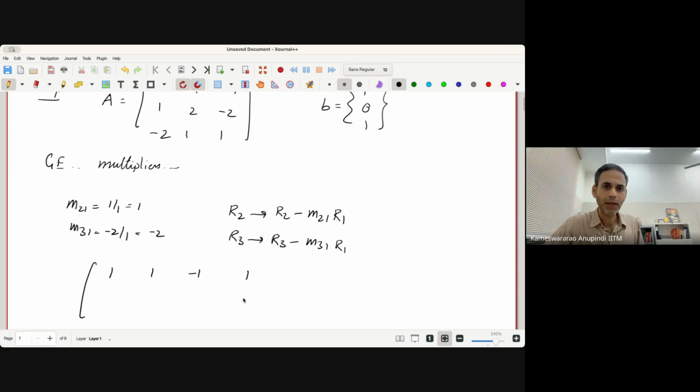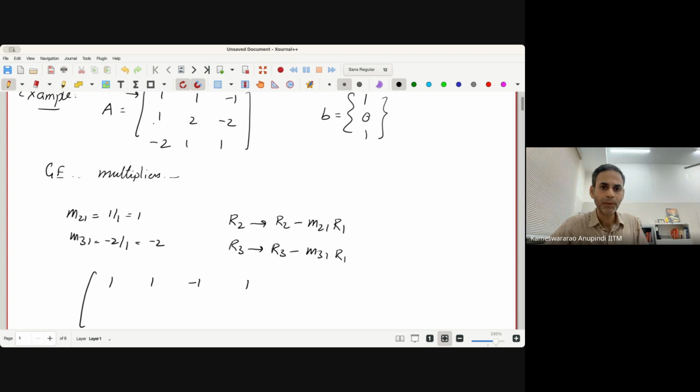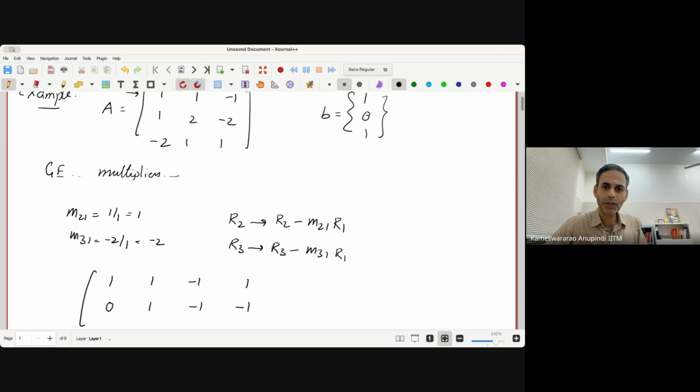Okay. Then we have the second row, which is going to be just subtraction of the first row from the second row. That's going to be 1 minus 1 is 0, 2 minus 1 is 1, minus 2 minus of minus 1 is going to be minus 1, and then 0 minus 1 is going to be minus 1, right? That's what I have. Then when it comes to the third row, we have minus 2, and the pivot row is the first row.